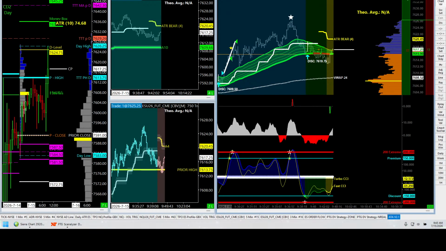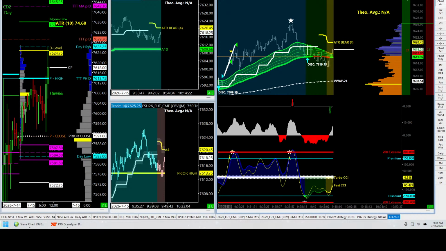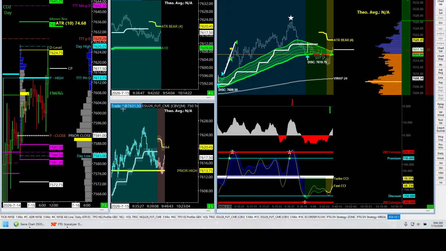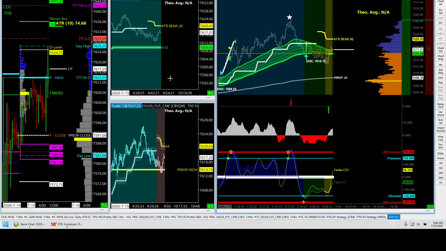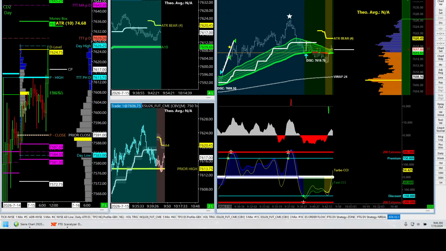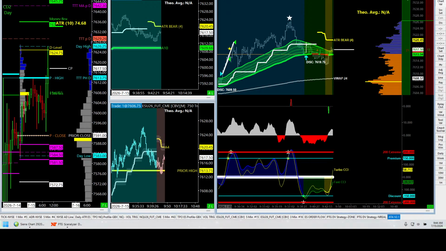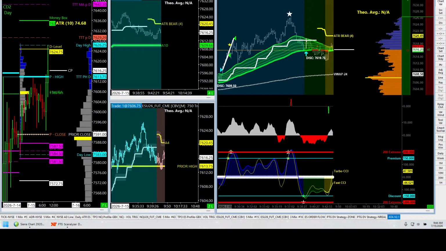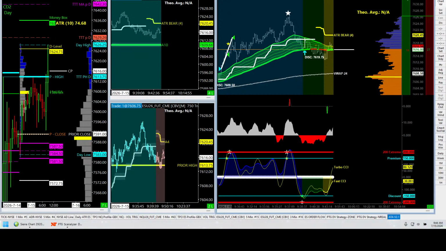Now, the key here becomes this. After that move, it pulls back to the prior high. So now what has happened? We've cleared the prior high, took out those stops at the D level, and pulled back to the prior high. For the bullish case, that prior high really needs to hold and then continue to build volume and reason to move higher.